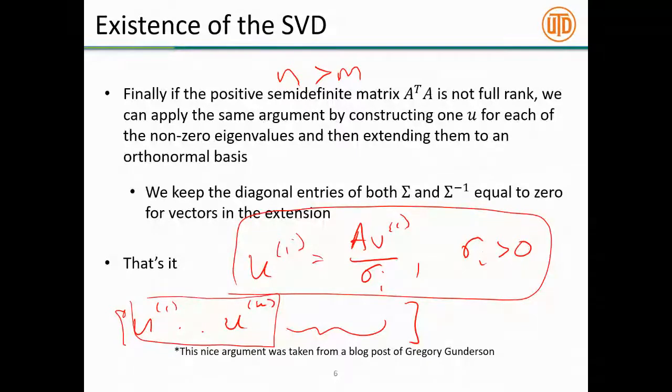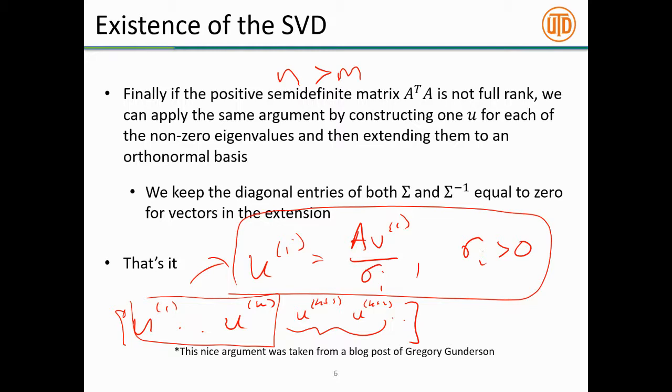So these u's will be defined up here, and then the rest of them, uk plus 1, uk plus 2, etc., your choice is how to pick them. Just extend u1 to uk to be a basis of m-dimensional space.